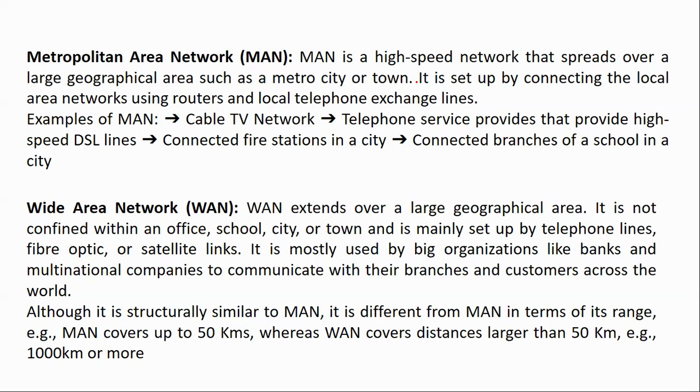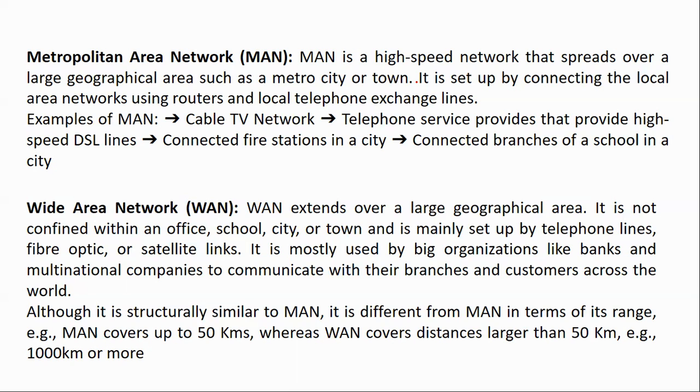Wide area network, that is WAN, covers a larger geographical area. If we compare LAN, MAN and WAN, WAN gets the larger geographical area. It is not confined to any specific office, school, city or town, but is linked with multinational companies to communicate with their branches and customers across the world.